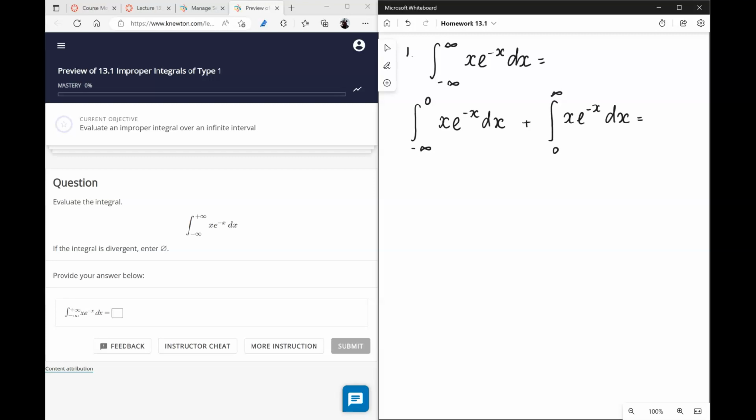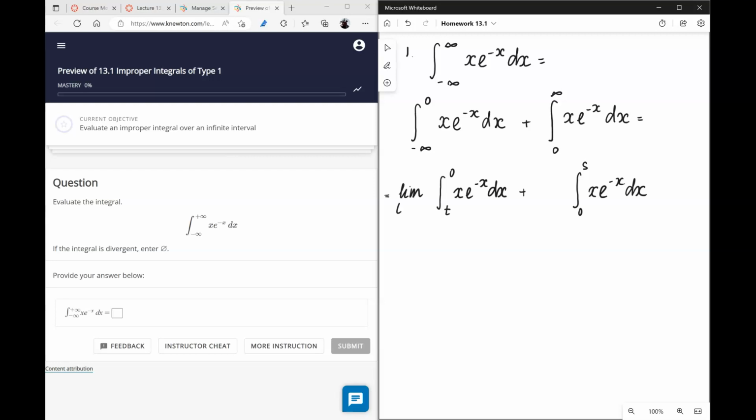Now we're going to address the improperness of each of these integrals by introducing a new variable. Instead of negative infinity, I'm going to put t, and instead of infinity in the second integral, I'm going to put s. But to make this transition, we have to set it up as a limit.